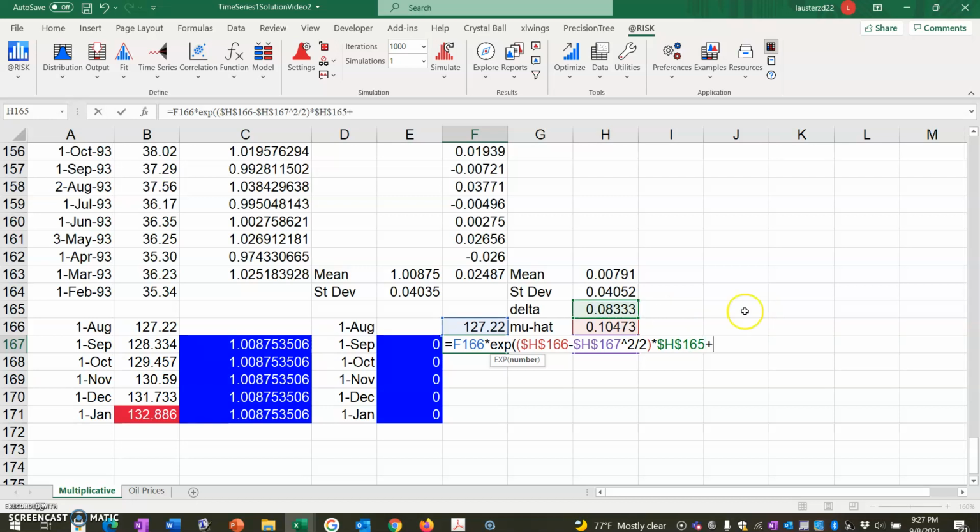Then we add to that sigma hat, which is in H167. I'm having to use the arrow keys to get to some of these cells that were behind my function there, and so it's possible you could put these in a different spot in the worksheet if you don't like to do that.